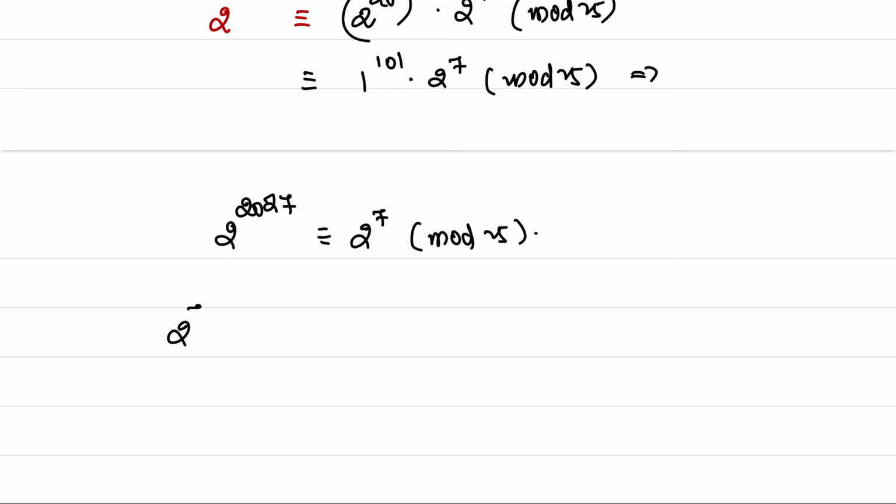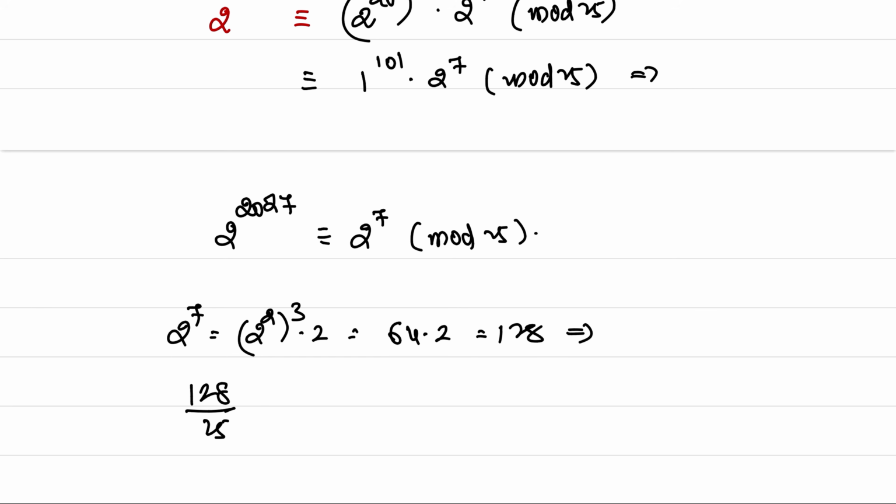What is the value of 2 to the power of 7? 2 to the power of 7 is equal to 2 into 2 square cube into 2. That is 4 cube, 64 into 2, that is 128. 128 when you divide it by 25, that will be 5 plus, what is the remainder? 3 as the remainder.